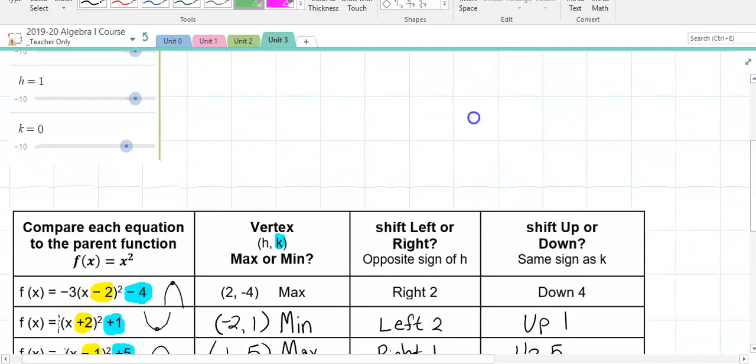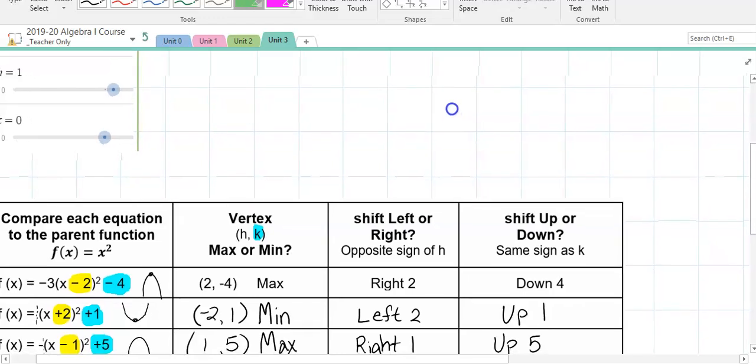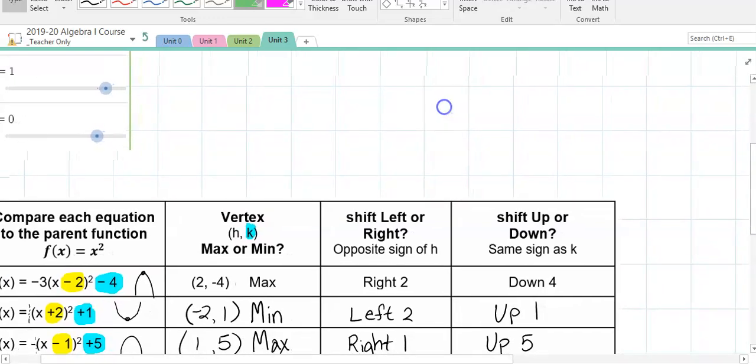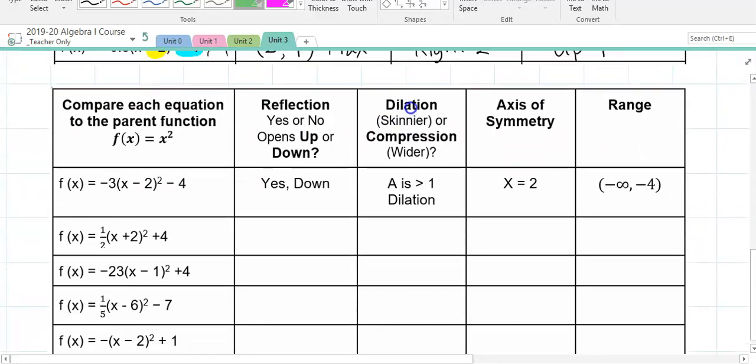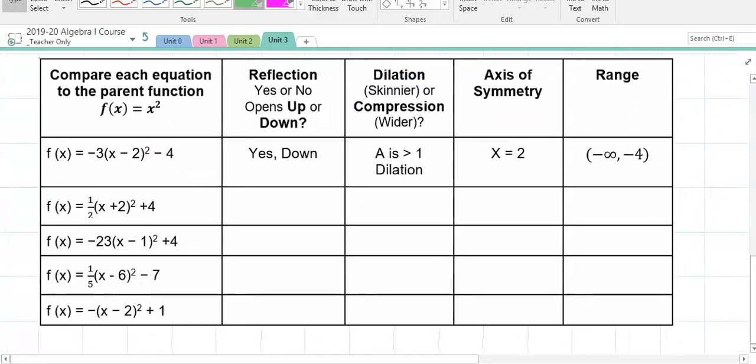I also know from looking at the first one that it would reflect. It would be opening down, and it would be a little more narrow because of that 3 value, which brings me to my next chart. Some of these examples are very similar to the ones we just looked at. Let's talk about if it opens up or down, and if there's been a reflection.